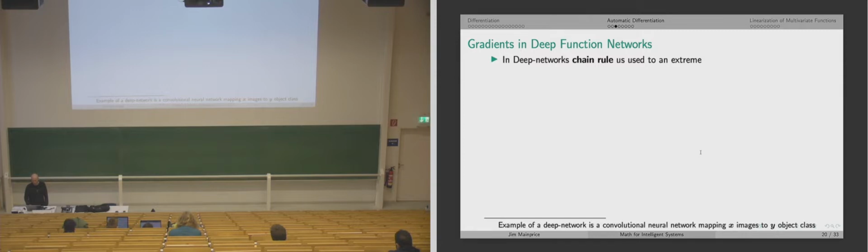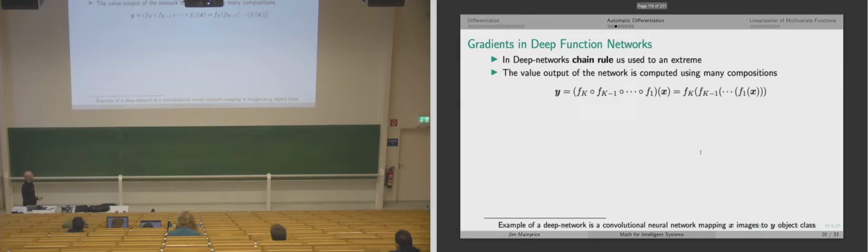So in deep networks, chain rule is super important, and it's actually used to an extreme. So let's say we have not only the composition of 2 functions, but we have the composition of k functions. So fk after fk minus 1, and so on, after f1. So we are taking the input, applying a certain function, then applying another function on the output, and so on and so forth. And then we get y.